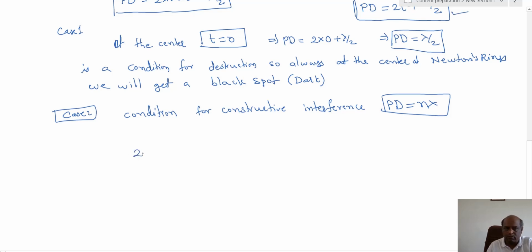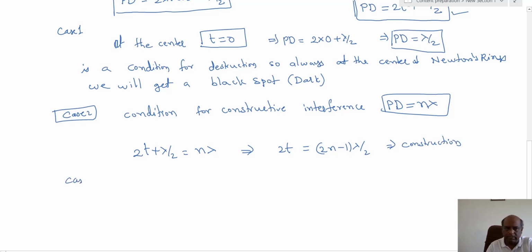So 2t plus lambda by 2 is equal to n lambda, which means 2t is equal to n lambda minus lambda by 2, so it becomes (2n minus 1) into lambda by 2. It is the condition for construction.